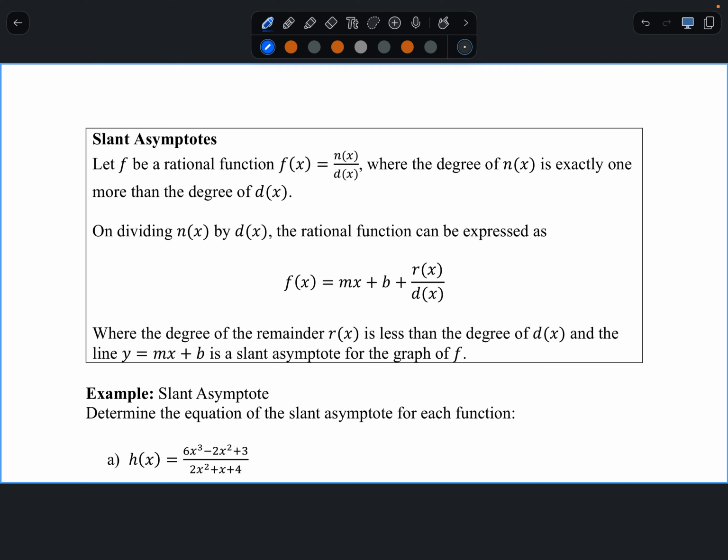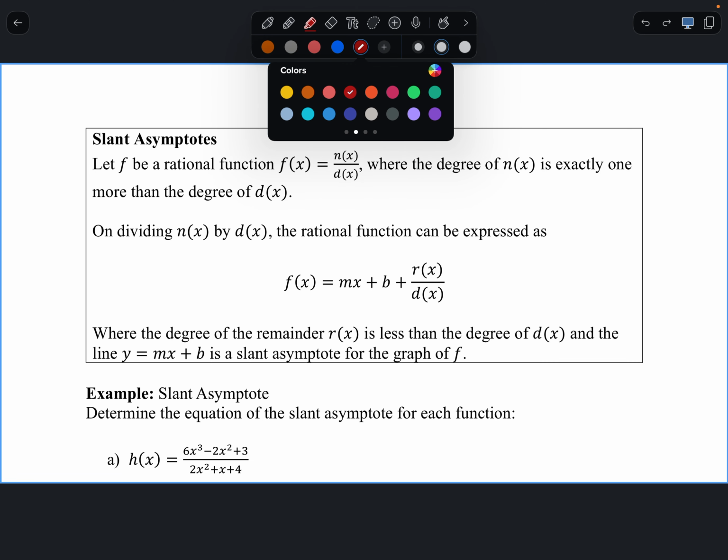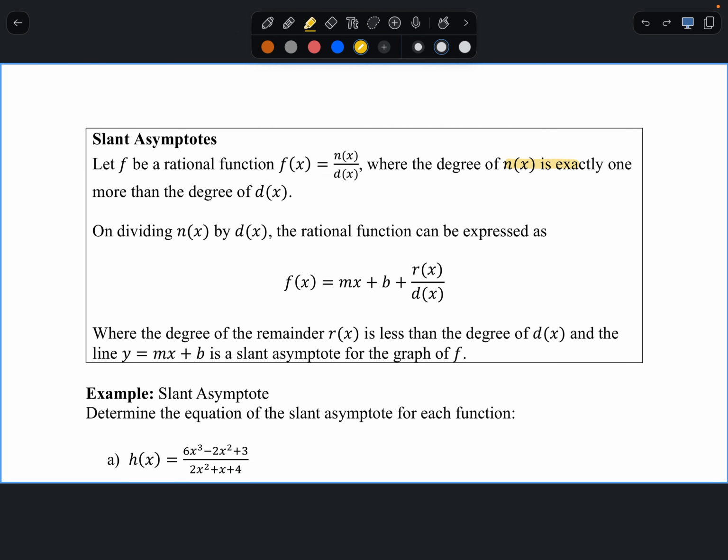Doing the division to rewrite this as quotient plus remainder over divisor is a helpful form for thinking about end behavior. So the function can be rewritten as 3x minus 5 halves plus negative 19 halves x plus 13 over 2x squared. I know it's yucky, I know.